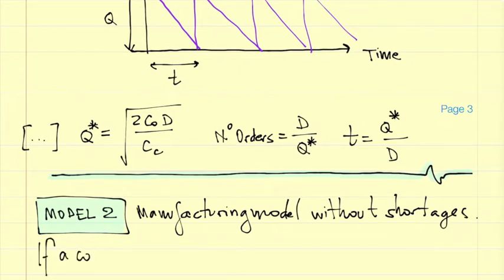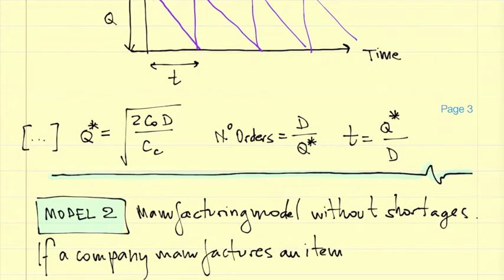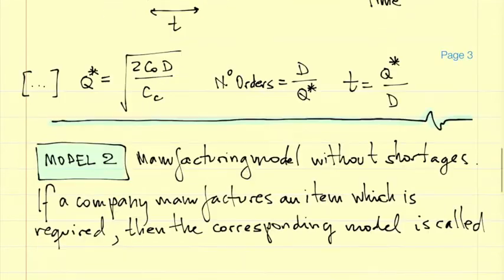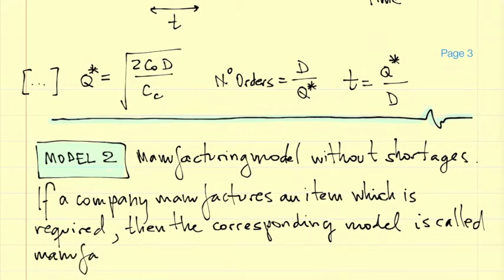If a company manufactures an item which is required, then the corresponding model is called manufacturing model. So we saw the other day the make or buy decision.